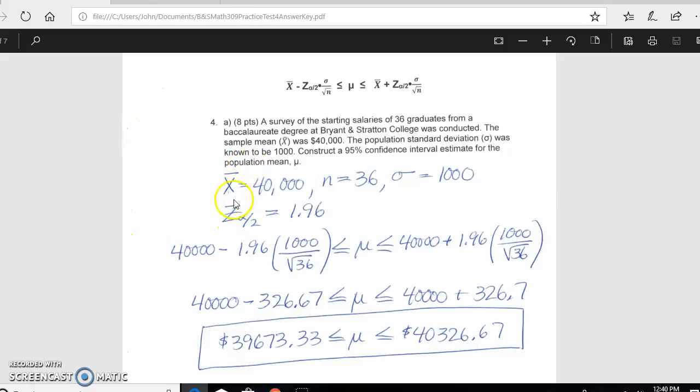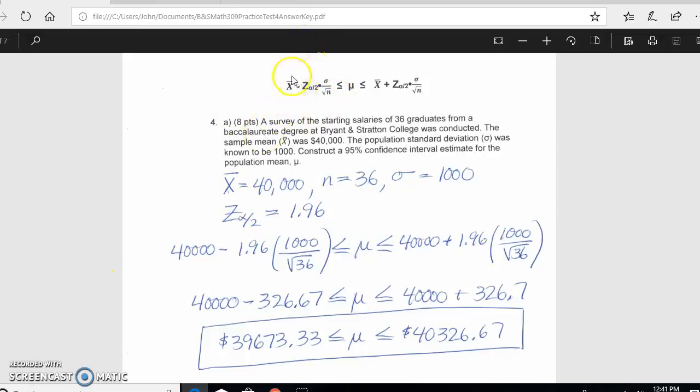We're given in the problem that X bar is 40,000, N is 36, the sample size, sigma is 1,000, and because it's a 95% confidence interval, we would use Z as 1.96. Then we're going to plug these values into our formula up here.